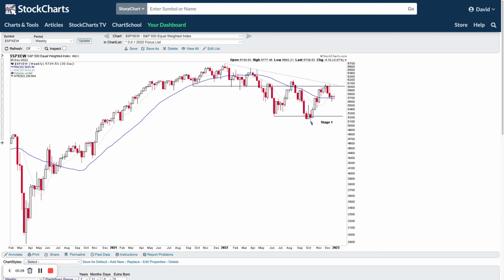But as I was just talking about, the entire price action of the pullback has formed within the upper part of the range here. It's not come all the way back to the 50% level, and has held above the 30-week moving average in the S&P 500 equal weight. So it's showing some relative strength versus what's going on in the S&P 500 regular chart.